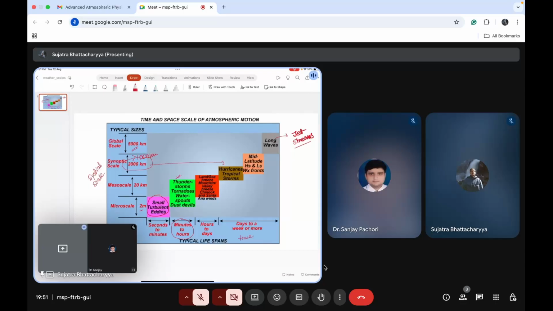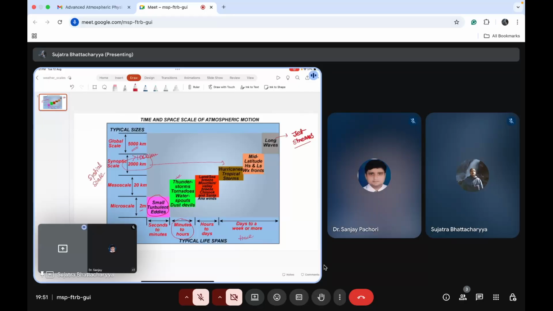So there are so many terms. Can we reduce it based on some scale analysis, some average value? If we have some observation of those variables and have some average value for a particular scale, can we reduce this momentum equation? Can we reduce the continuity equation? Those are the things which we do in the scale analysis.